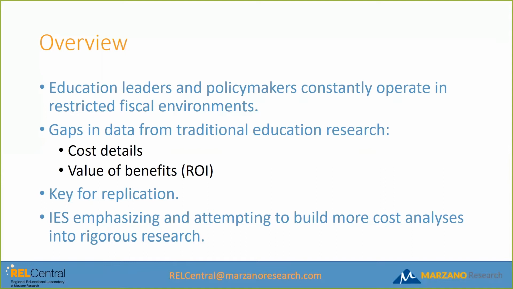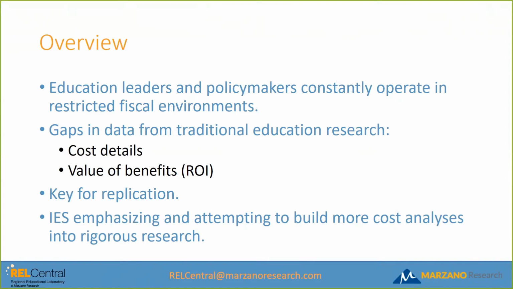The education leaders are having to choose between a variety of interventions, many of which claim to have benefits and impacts on students and teachers, and have different levels of cost associated with them. And they're having to choose among those. What's the best way of using rigorous research to help make decisions about the best approaches to use? And unfortunately, in traditional education research, even where we have rigorous studies that use comparison groups and experimental designs, many of the studies don't include details on the program cost that they're analyzing.